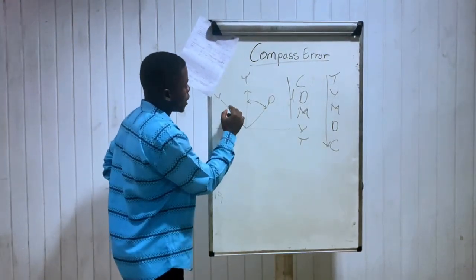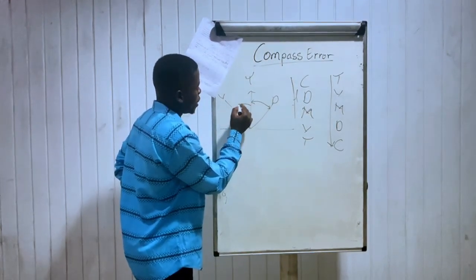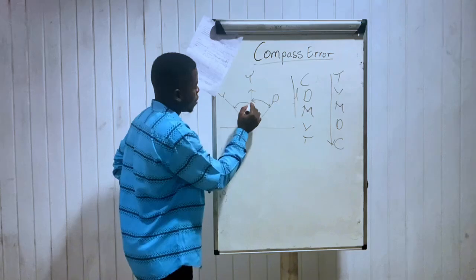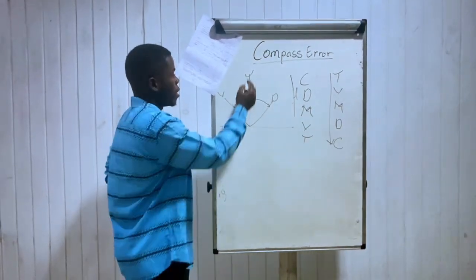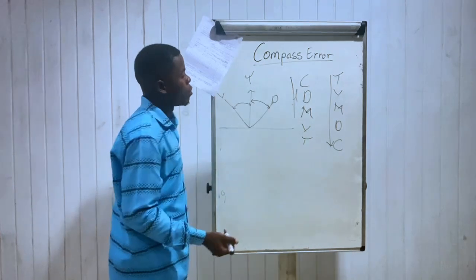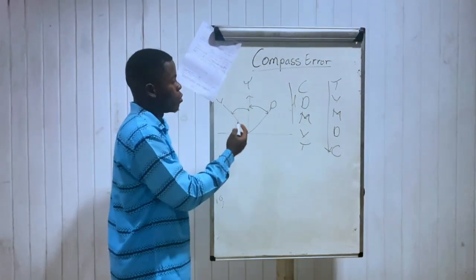And for variation, the distance from here to here is the angular distance. Here you find your true north.